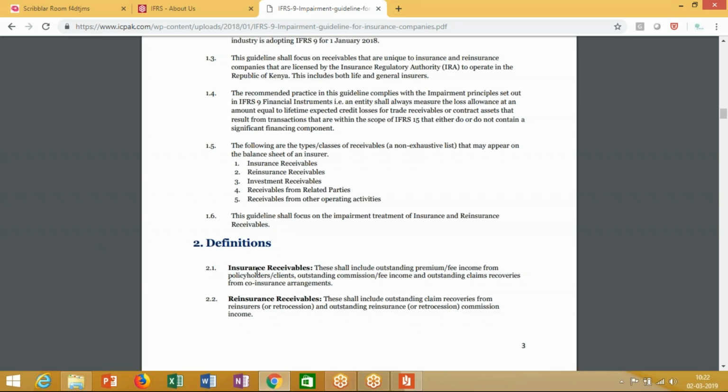Now, the first question that comes out over here is, first of all, does this satisfy the two criteria of amortized cost that we had talked about? Insurance is generally done for a certain term, for a certain period of time, and the premium comes in every year or at a fixed time interval.